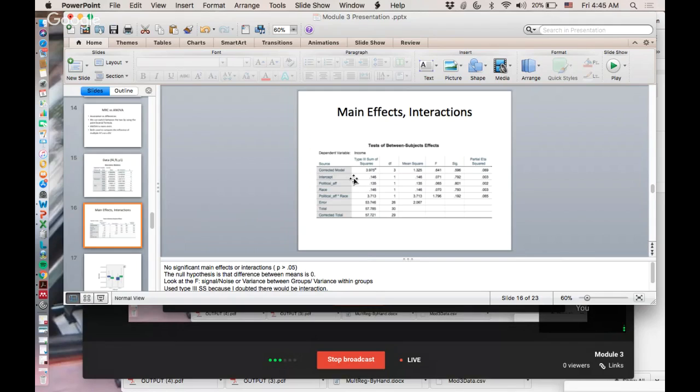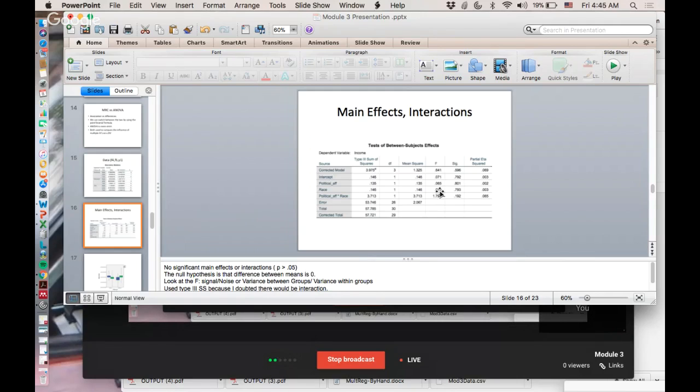And I used the type 3 sums of squares because I figured there wouldn't be any interaction among the variables, so I wouldn't need to tease apart what was causing the variance in the model. And I also didn't use a post hoc because there were no significant findings, as evidenced by the relatively low F scores and the accordingly high significance values.